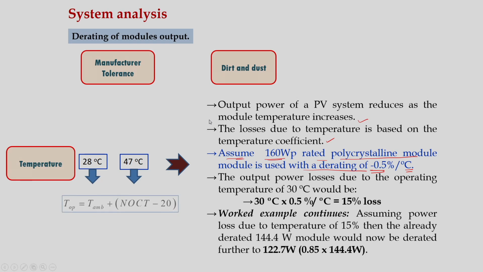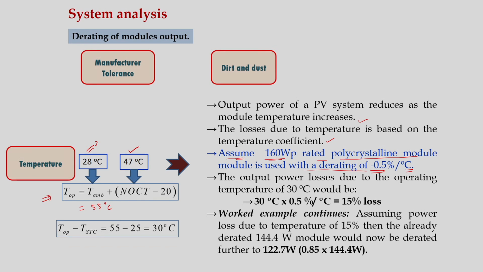Say ambient temperature is 28 degrees C where the modules or panels are installed, and NOCT for that module is 47 degrees C. By using this expression we can calculate the operating temperature. If we substitute these values, we have 47 minus 20, it becomes 27, plus 28, it becomes 55 degrees C.